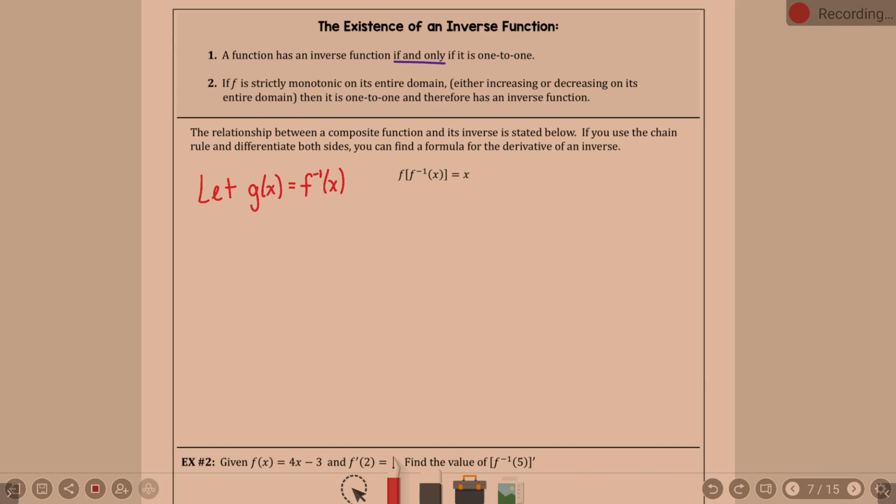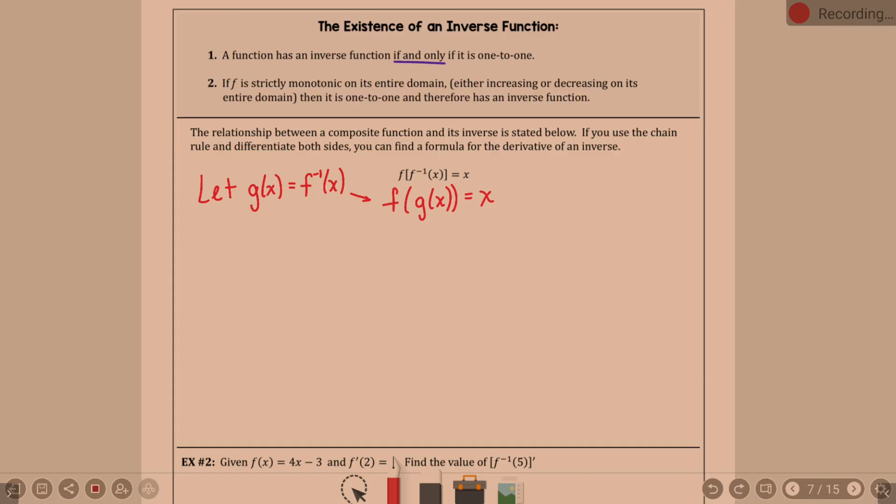So I'm going to rewrite this: instead of f inverse, we're going to be doing f of g of x equals x. It's just going to be easier to work with. That's the only reason I'm doing that.